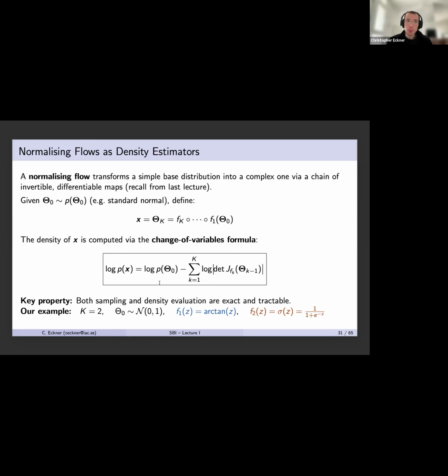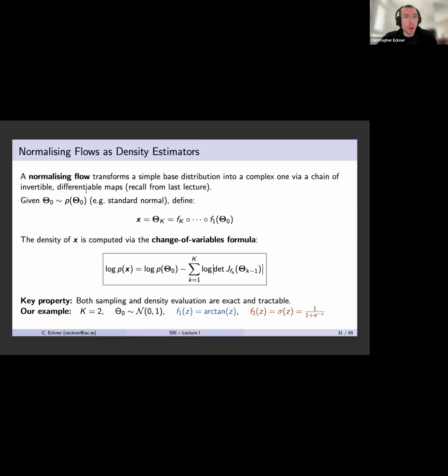In order to do this, you want this to be an invertible transformation and to be differentiable. And as this is a flow, the typical notion is that you do many of these operations on your base distribution, so not a single one, but many being composed.